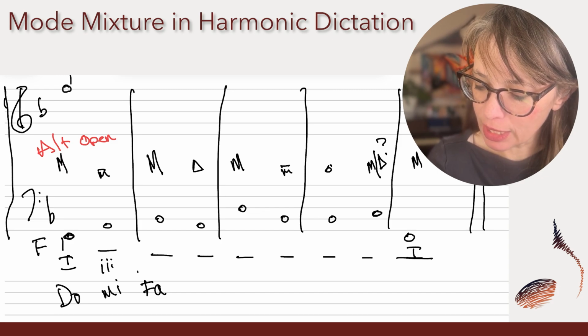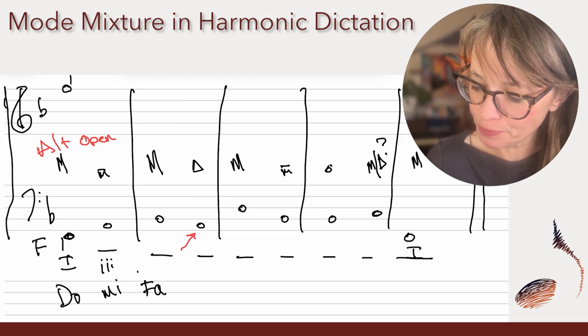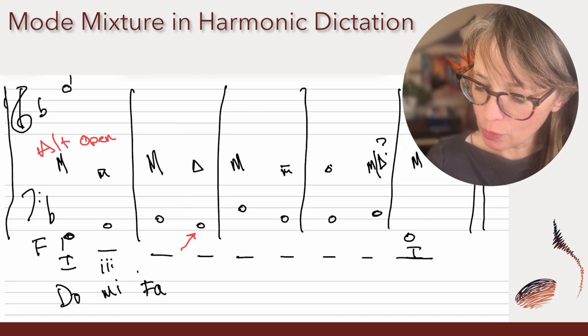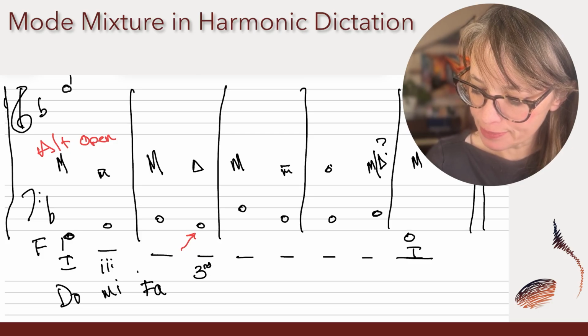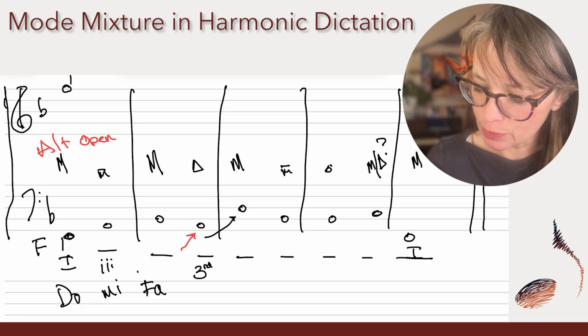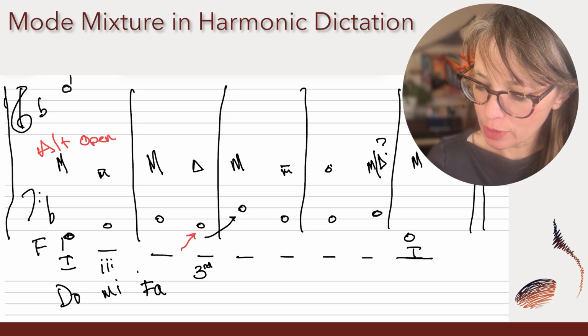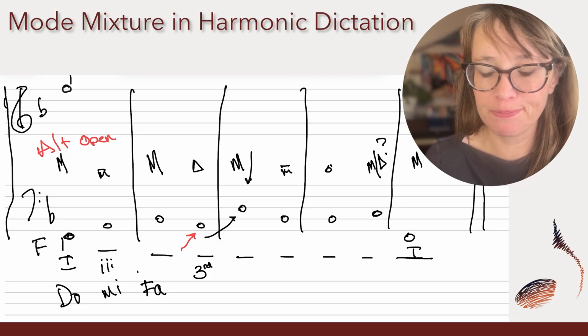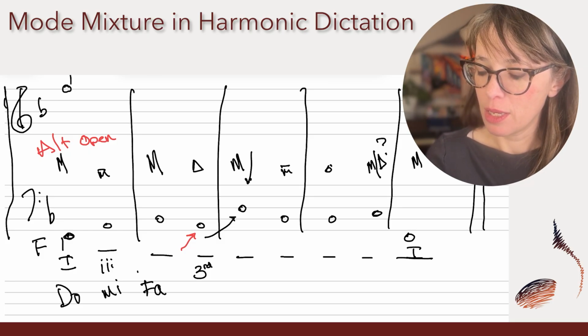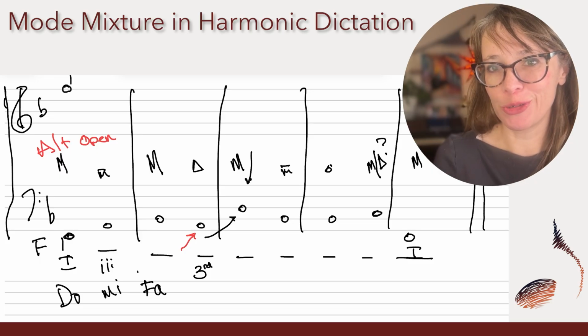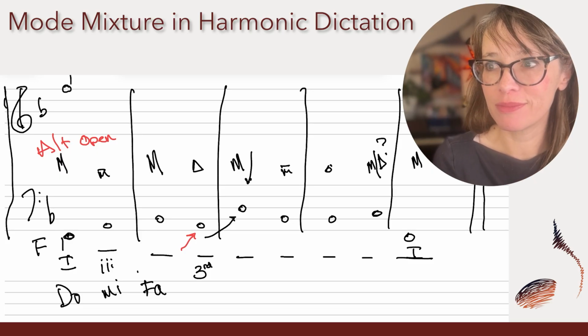Okay, and then it gets a little funky. So here I hinted that there's something up with this pitch. So let's think about it. We hear that as at least the third scale degree, and it's dominant, and it's resolving up to a major chord on the space where we hear the sixth scale degree. But it's major. What quality is the chord usually on the sixth scale degree? In major, it's minor.